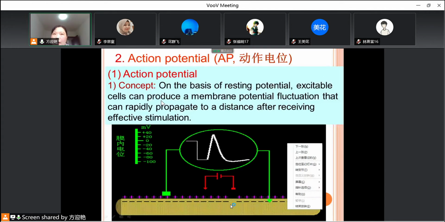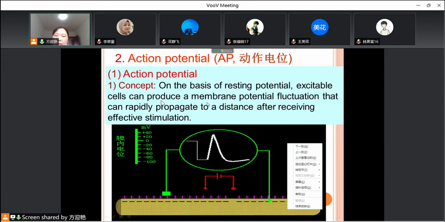These three kinds of cells are the gland cells, the skeletal muscle cells and the nerve cells.